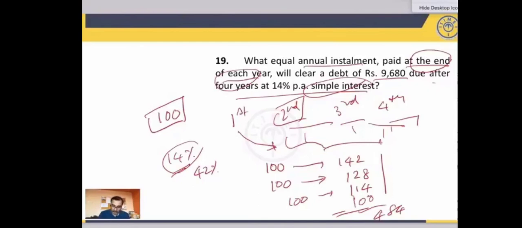That means if you are paying an installment of 100 rupees, total amount you paid is 484. When installment is 100, total amount paid is 484.